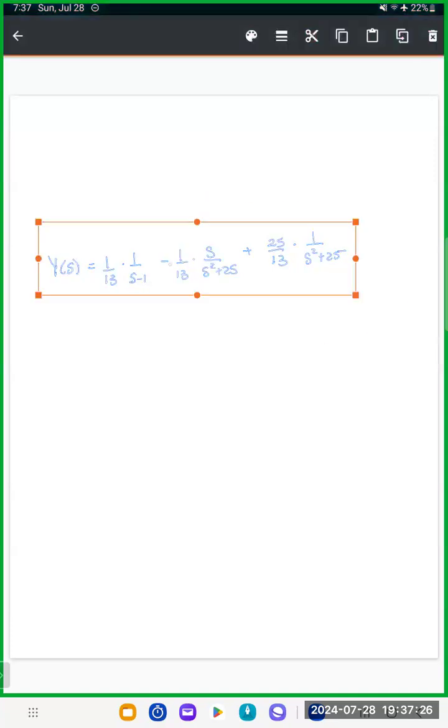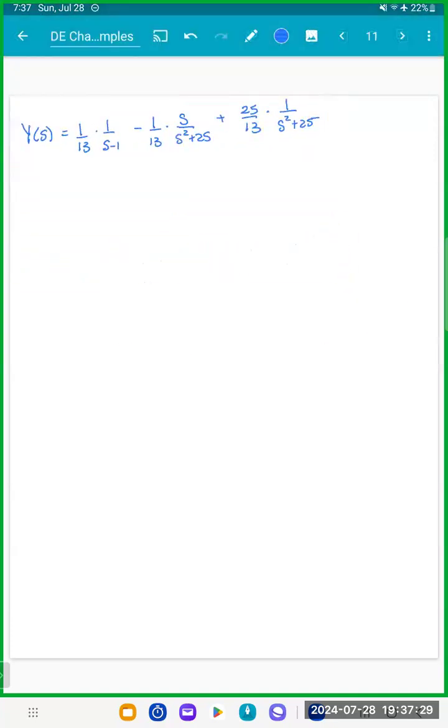Okay, so we have that. And now let's take our inverse Laplace transform of this function y of s.